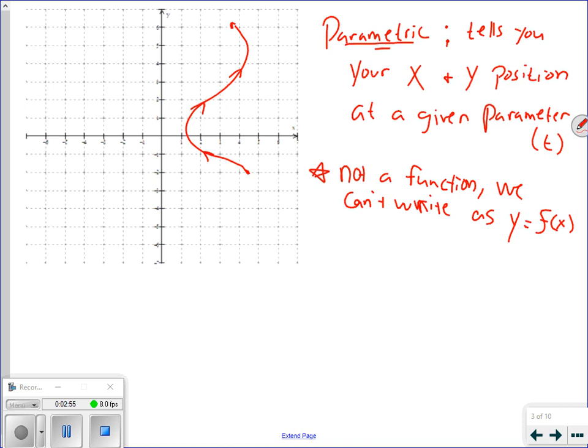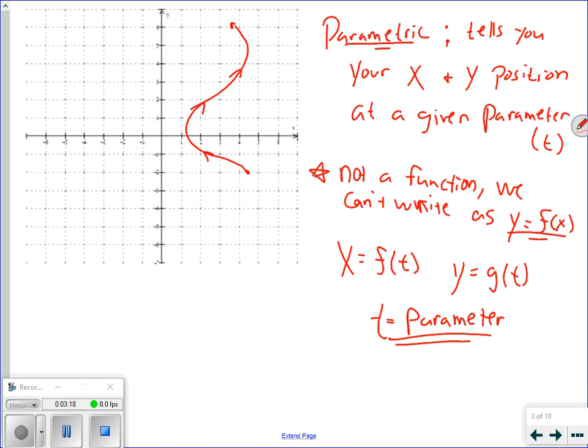Well, there is a way that we can write it using a parameter. Instead of having y equals f of x, we'd have something in the form of x equals f of t and y equals g of t, where t is my parameter. So it's like we have two equations, where t is a parameter. It's usually time, but it's not always time.